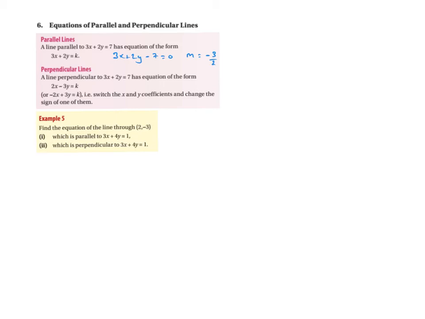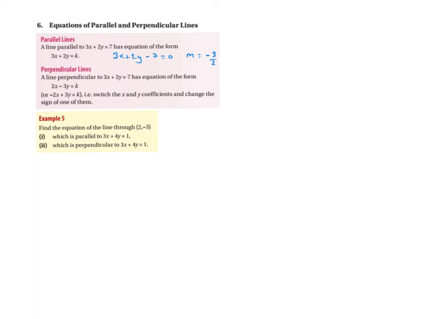So as long as all of the gradients are of the form minus 3 over 2, then they'll all be parallel. Well, that just means that the x's and y's have to be the same. So it's fairly straightforward. If you have your same x's and y's in the equation, when it's of the form ax plus by is equal to c, then they will be parallel.